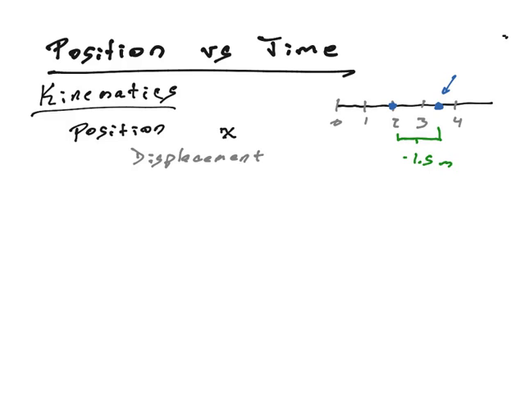Well, that leads to another thing we must know, which is time. That's, of course, denoted by the variable t, and that, of course, is the measure of time we will be using.